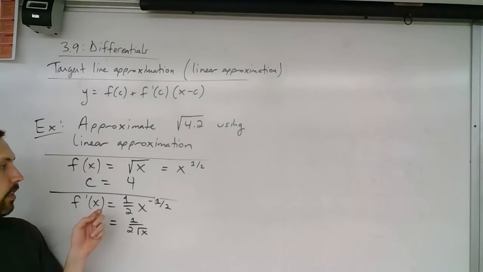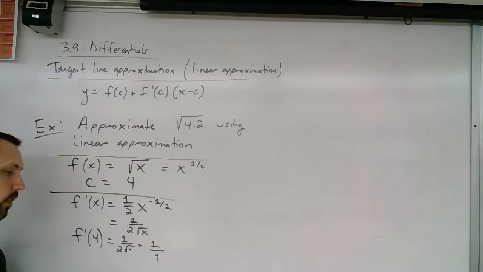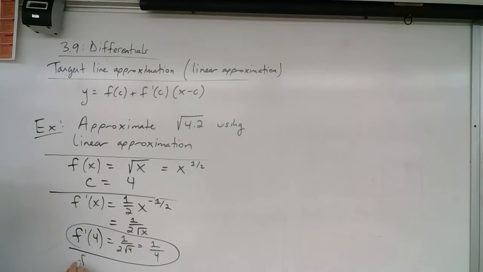So this is my derivative. So if I'm looking for the derivative at c, I'm looking for f prime of 4. This is going to be 1 over 2 square root of 4. So this is just 1/4, since the square root of 4 is 2. So I know that this is my f prime at 4. And then I also know, obviously, that f of 4 we said was equal to 2.